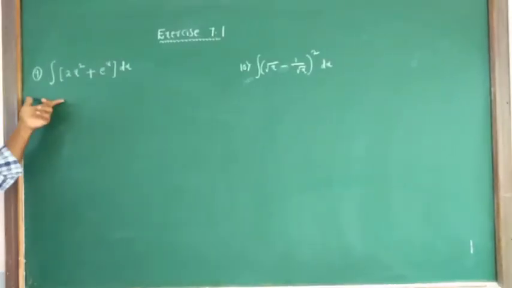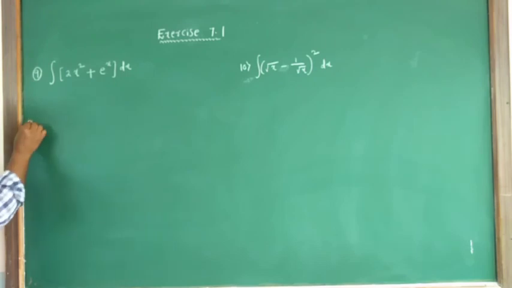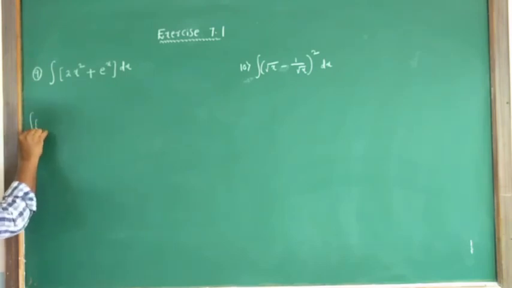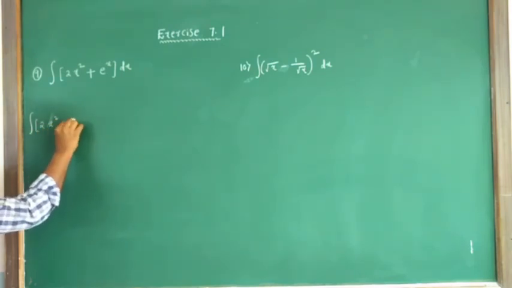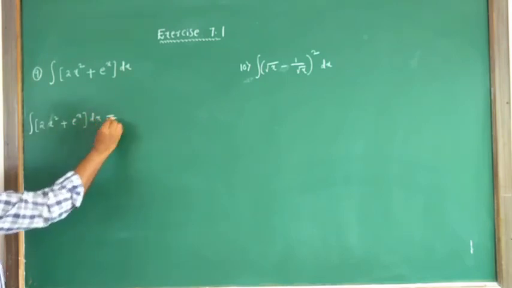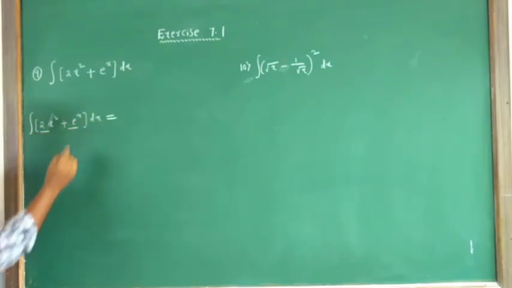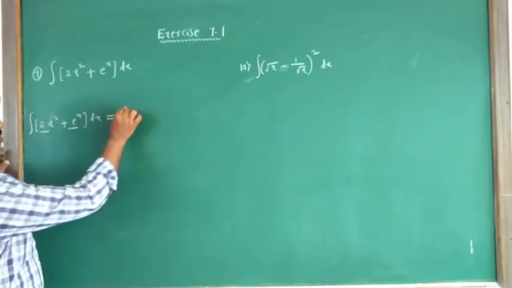Next, 9th one. What is the integral of 2x square plus e power x dx? Here we have 2 terms. Just take the integral separately for these 2.